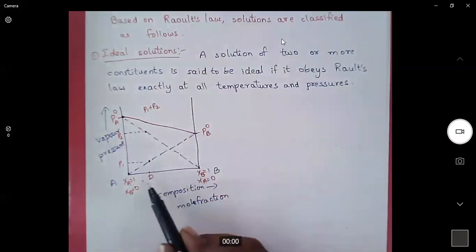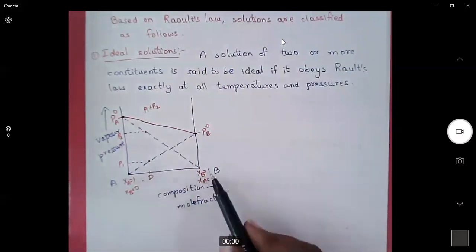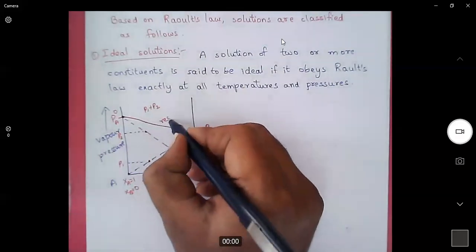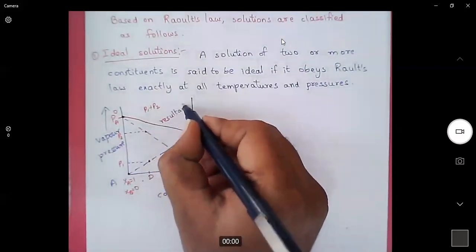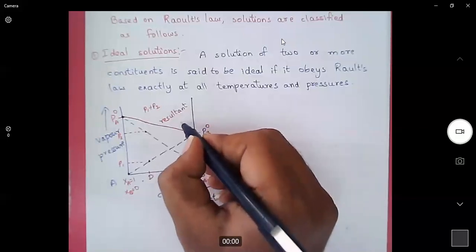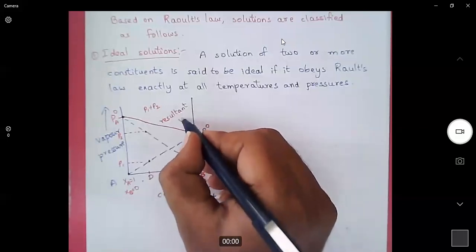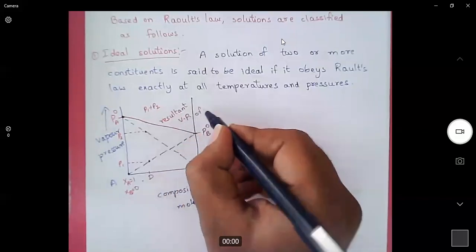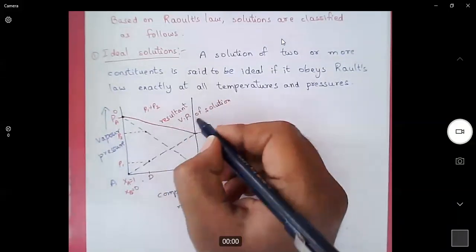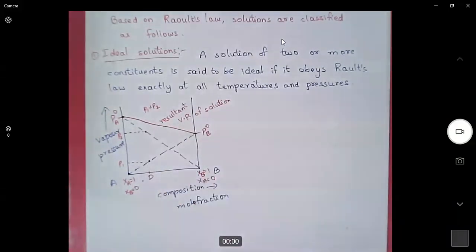Since a mixture of A and B behaves ideally at all temperatures and pressures, the resultant pressure will be this one. This is the resultant vapor pressure of the solution.